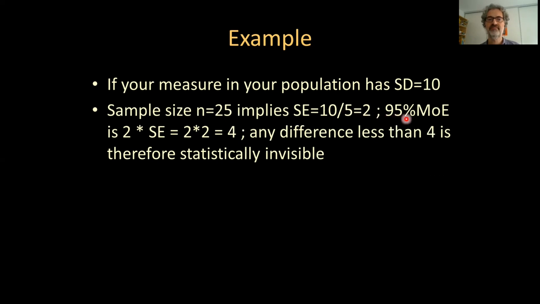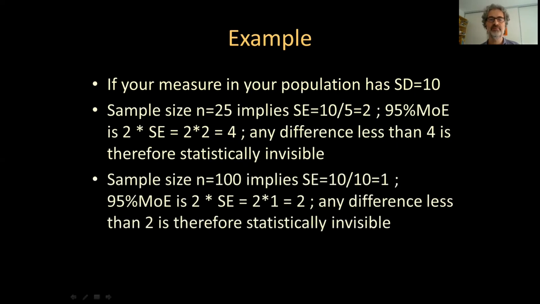The 95% margin of error will be about 2 standard errors, roughly. So 2 times this 2, that's 4. Any difference that is less than 4 is going to be statistically invisible because it will lie within your margin of error. So you will not be able to reject the null hypothesis.